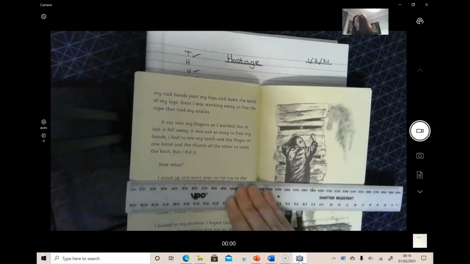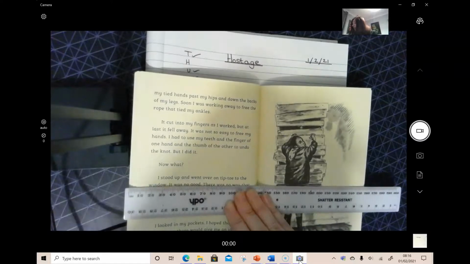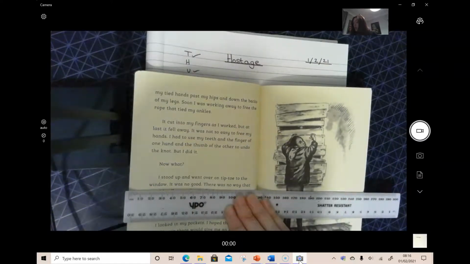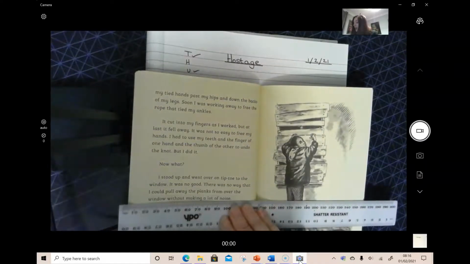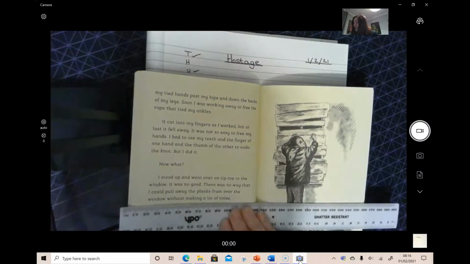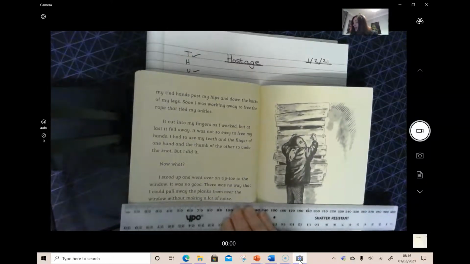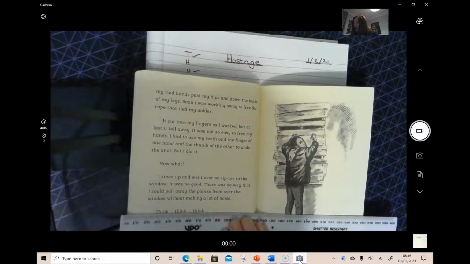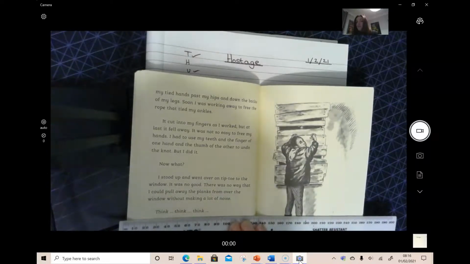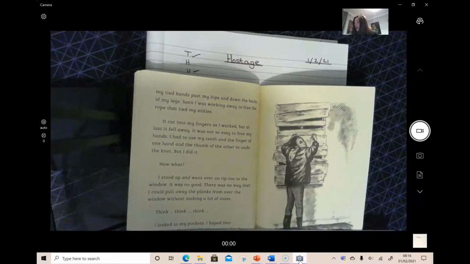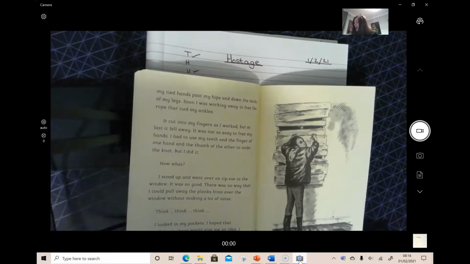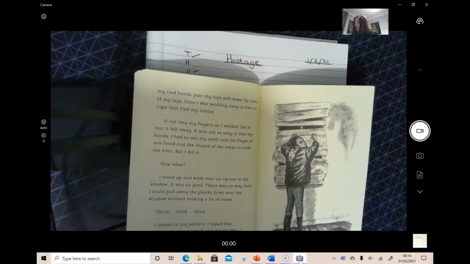Now what? I stood up and went over on tiptoe to the window. It was no good. There was no way that I could pull away the planks from over the window without making a lot of noise. Think, think, think. I looked in my pockets. I hoped that something in there would give me an idea.